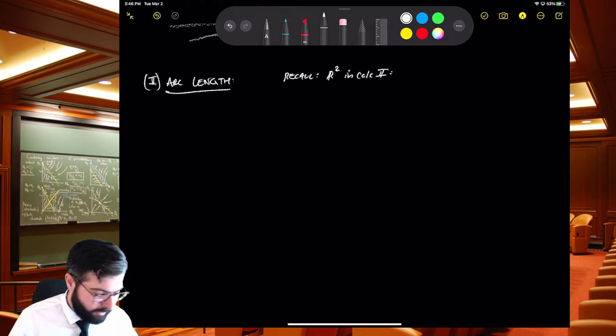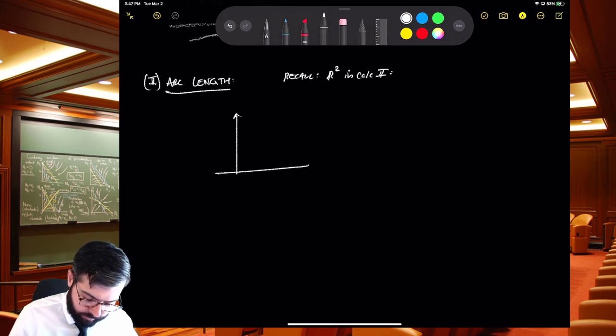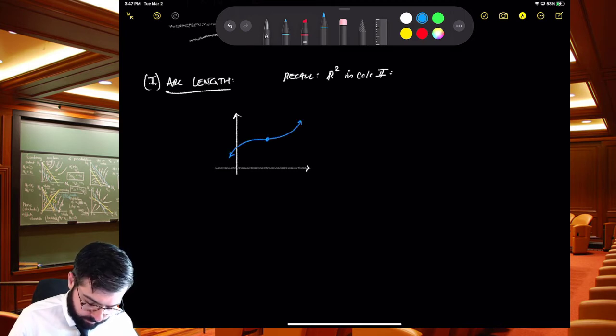Anybody remember that? A length segment. I had some curve. Let's say I had it parametrized as x of t, y of t.